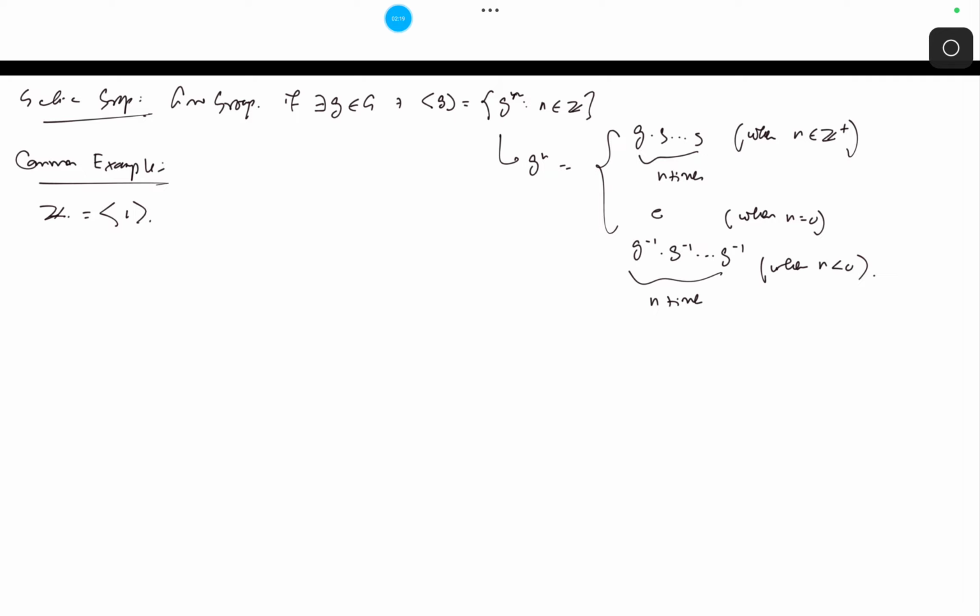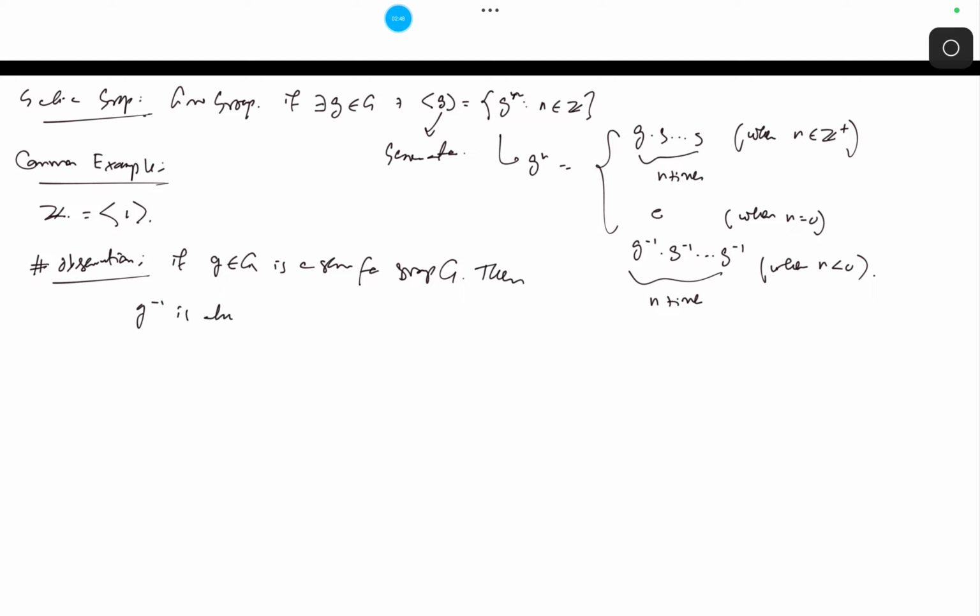You can take it as an exercise, or it is a very easy observation, that if g belongs to G is a generator for G, so this particular element small g is said to be a generator for the group G, then g inverse is also a generator for G.